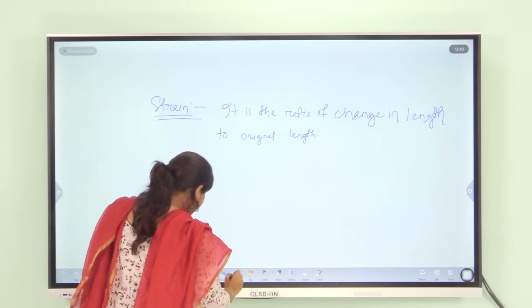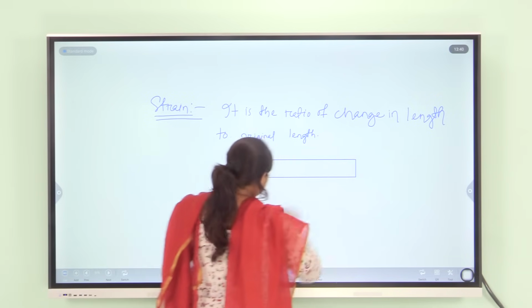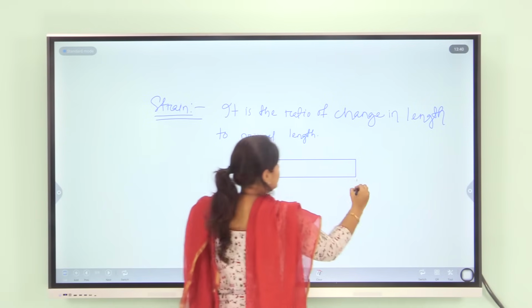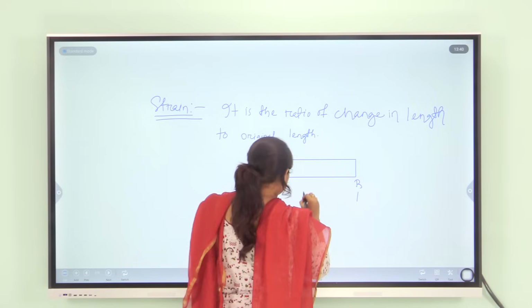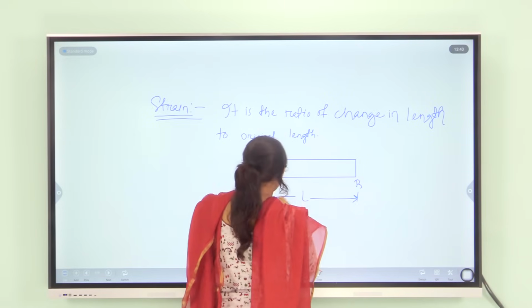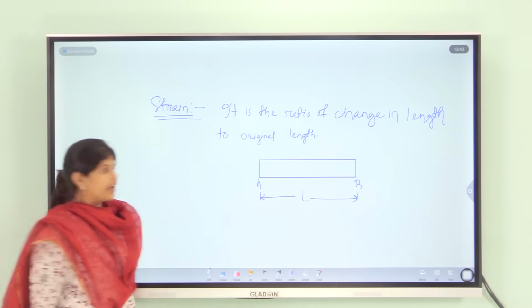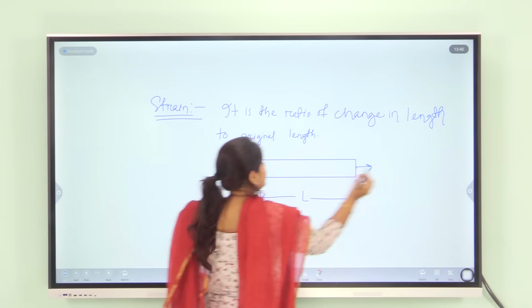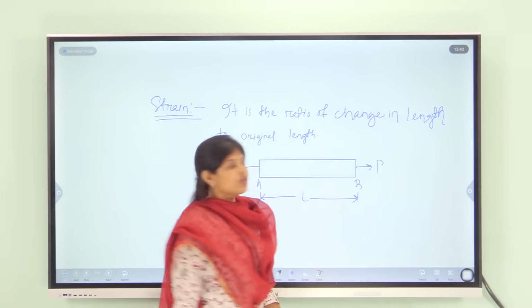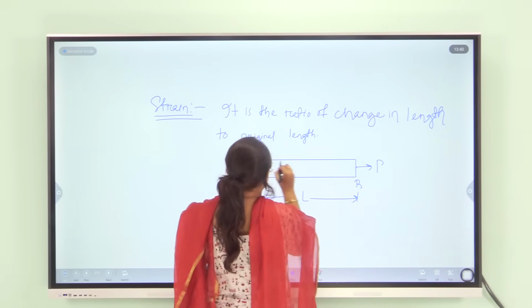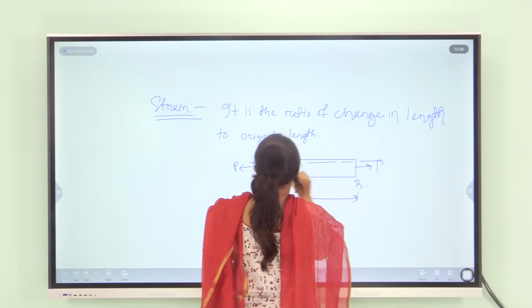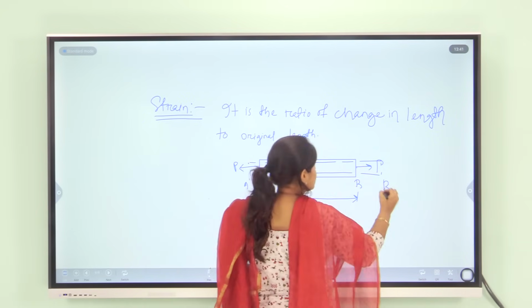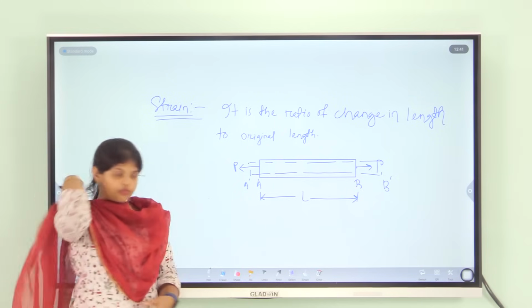So, by drawing one diagram: here, if AB length is L, and we have applied one force, that is P, force P is applied here. After application of force, what will happen? This AB will become A dash B dash.